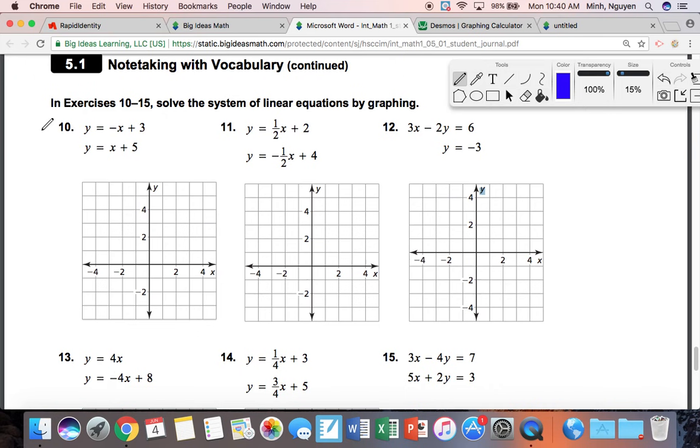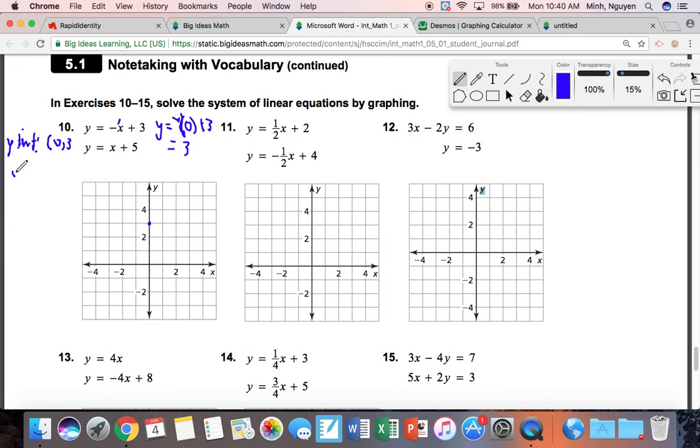So I'll say the y-intercept is when x equals 0. So y equals negative 0, pretend that's a parentheses, plus 3. Y equals 3. So my y-intercept, after I plug in 0 for x, is 0, 3. That's my y-intercept. And then my x-intercept is when y equals 0.